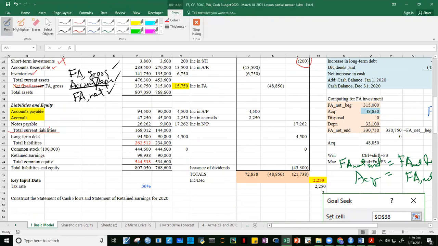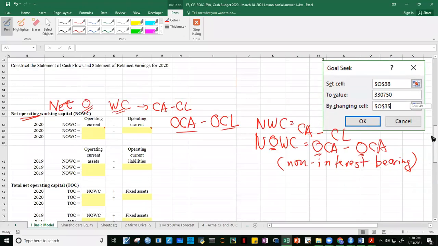How about accruals, guys? Accrued utilities, those incurred but not yet paid. Yes, that is operating too. Notes payable. No, it's interest-bearing, so notes payable is not included. So in our current liabilities, only two are included.